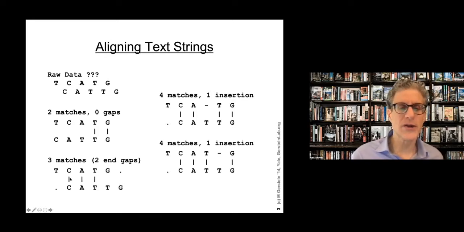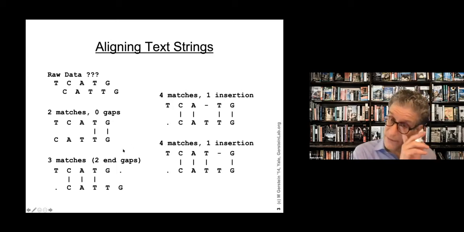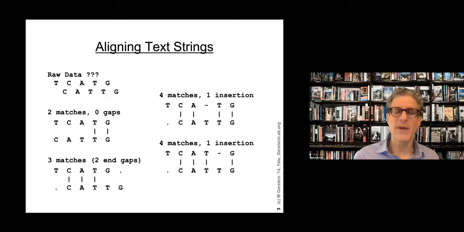Another thing you can do is slide the sequences relative to each other and make a gap at the end. Then you can't get four matches, but you can get three matches. So a lot of what you're doing in sequence comparison is trying to maximize the number of matches by trading off different imperfections: insertions, deletions, end gaps, whatever, in the sequence.